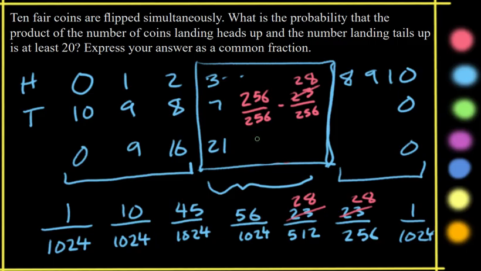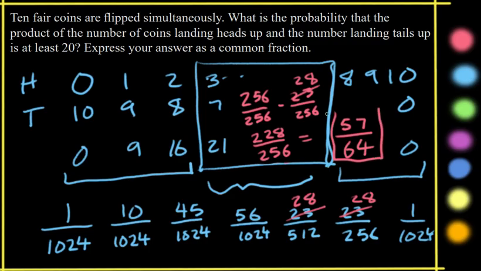Is that right? And that's divisible by 4 on top and bottom. So that's going to give us 57 on the numerator and 64 on the denominator. Okay, sorry for my mistake on that one, but the answer is 57 over 64.